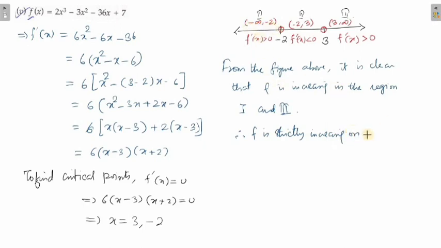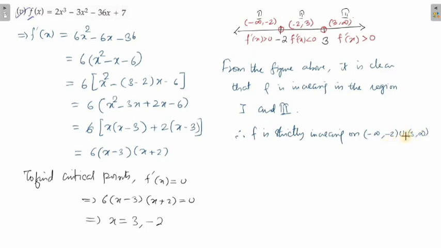On -infinity to -2, but it is increasing in this interval also, so you need to take the union here, union 3 to infinity. Is this clear? So this is the required interval.